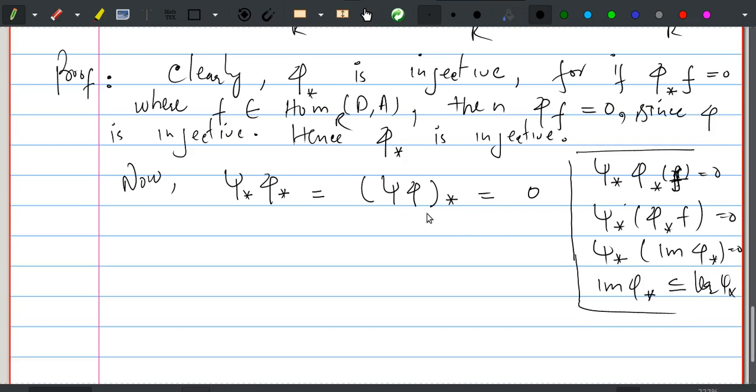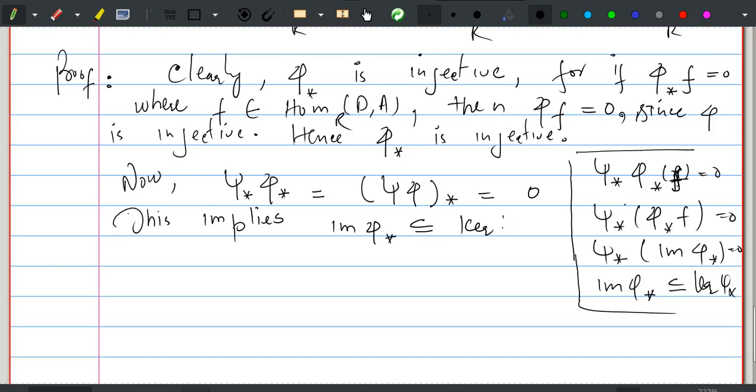So this implies image of phi star is contained in kernel of psi star.